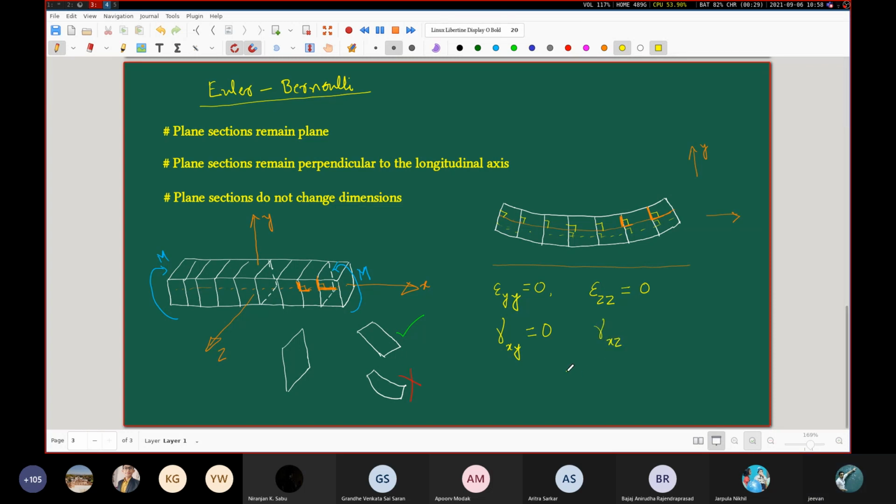So gamma xz, for that you have to look down in the direction of this y-axis. What will it look like? It will look like this. Line along Z, it is just going to look like a straight beam, where this surface that we are drawing is the top surface of this beam. This top surface of the beam is the one which is parallel to the XZ plane.